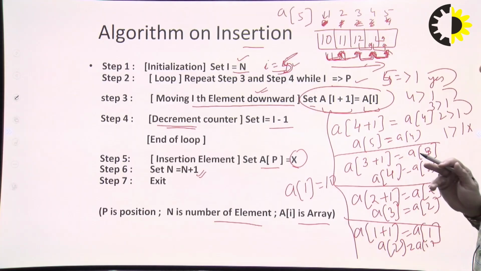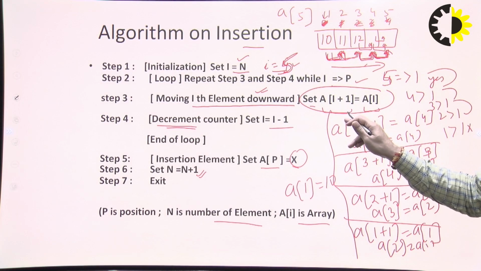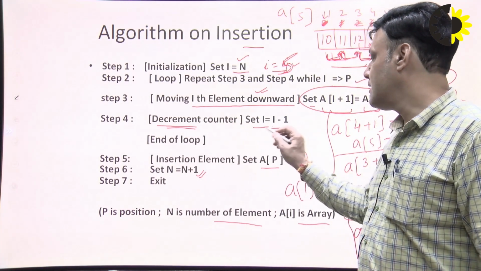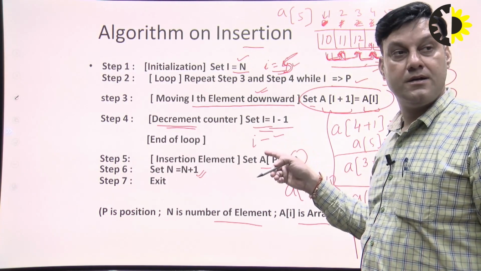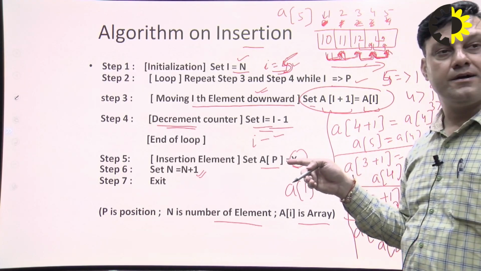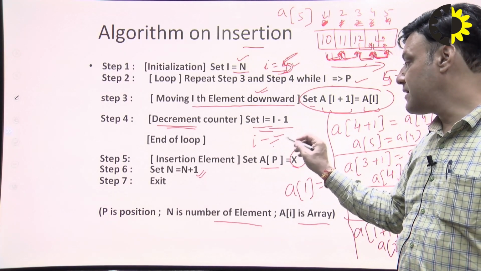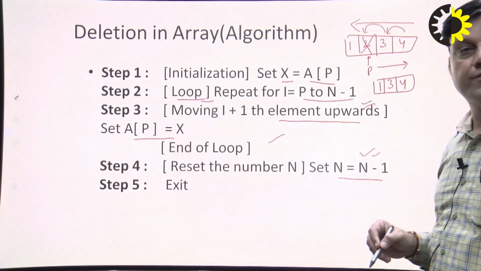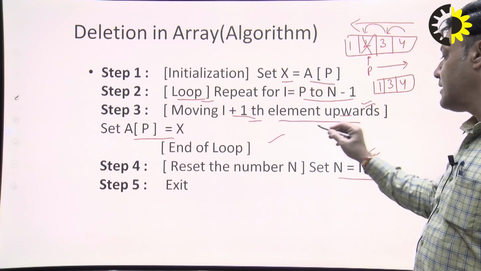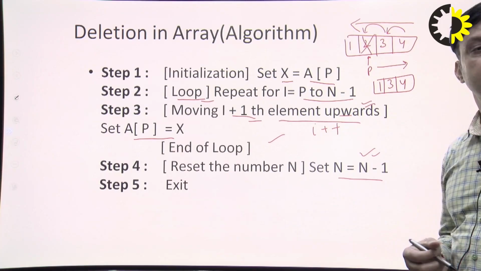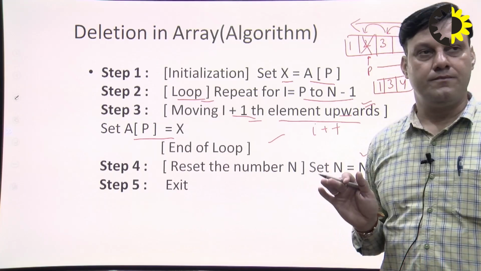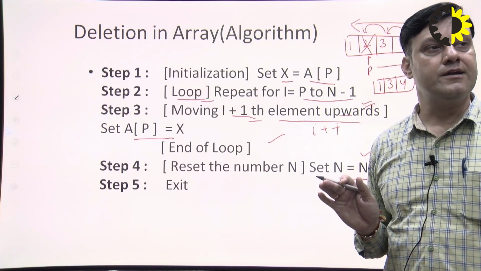And the second thing you have to keep in mind is that in the for loop, decrement i minus minus will take place; we will decrement this variable. But in case of deletion, the i plus 1th element moves upward, and i plus plus increment will take place in the loop. Okay, so I think this concept is clear.